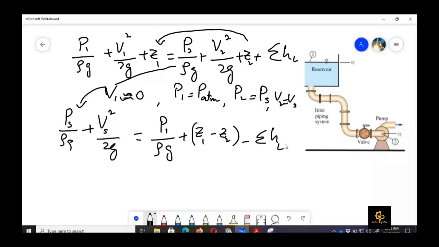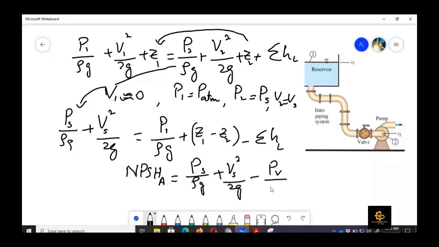Now, we know that the net positive suction head available is equal to Ps upon rho g plus Vs square upon 2g minus Pv upon rho g. Pv is the vapor pressure at the given temperature of the fluid. So in order to introduce the net positive suction head available, we need to subtract Pv upon rho g on the left hand side as well as on the right hand side.